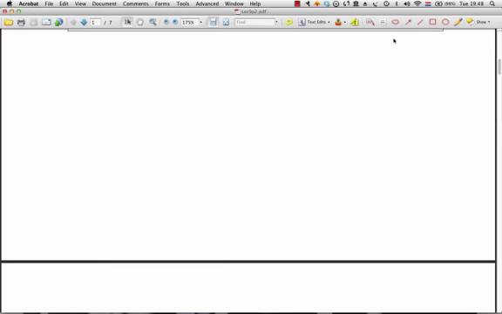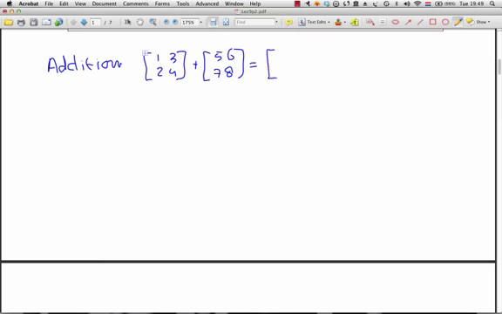And let me quickly add that here. And in fact, that is really very simple. I have a matrix and another matrix, and I am adding them up by adding both of the first elements. 1 plus 5 equals 6, 2 plus 7 equals 9, and so on.